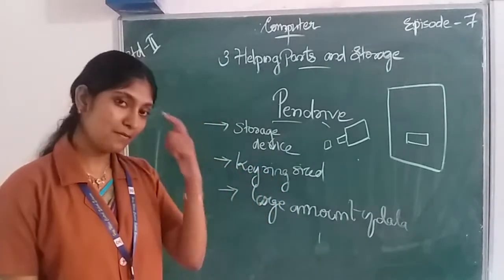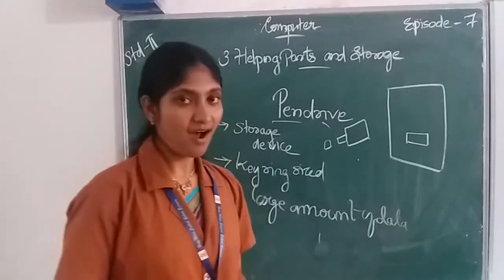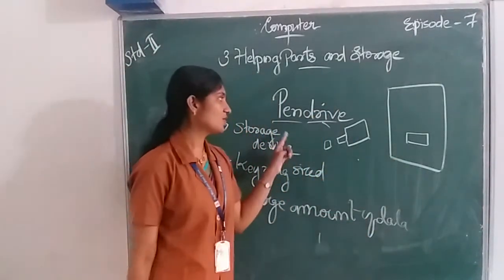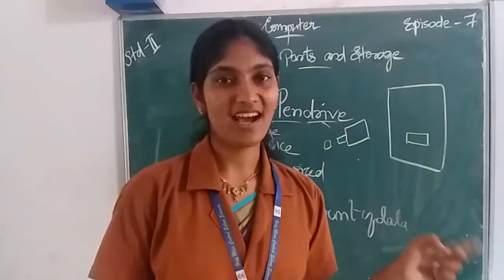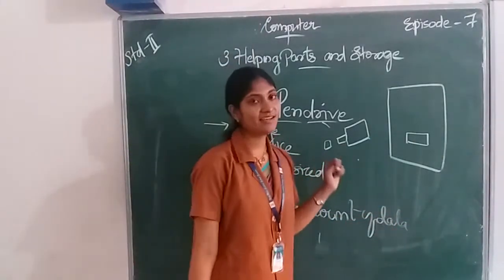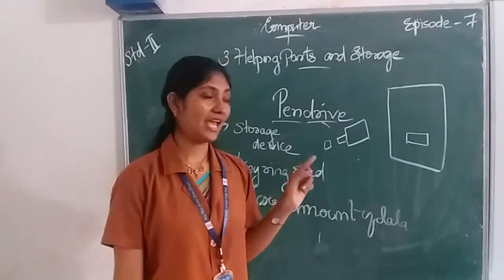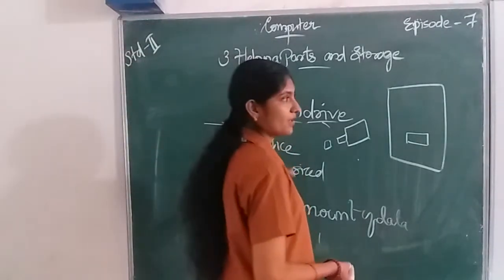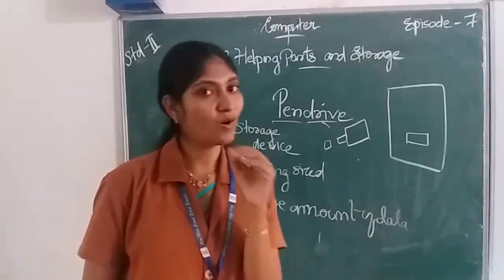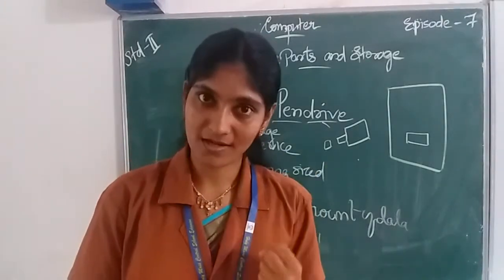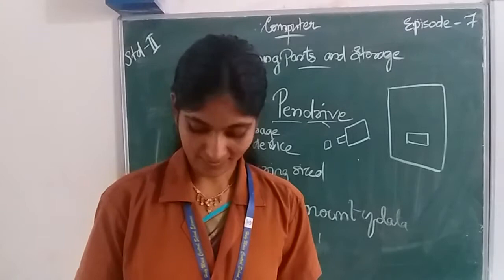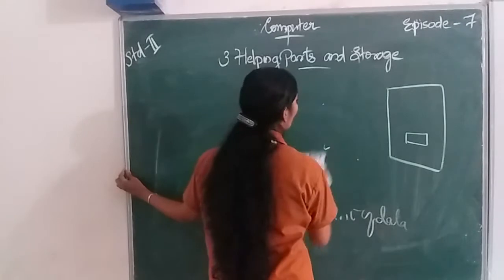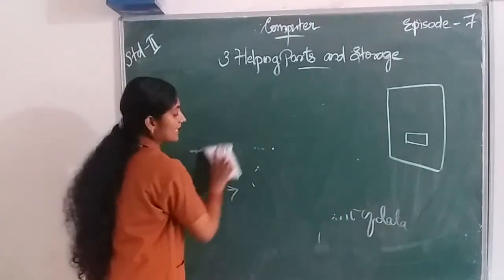P-E-N-D-R-I-V-E, pen drive. A small, key ring sized storage device is what? Pen drive. Very good. Then the second type of storage device is CD.